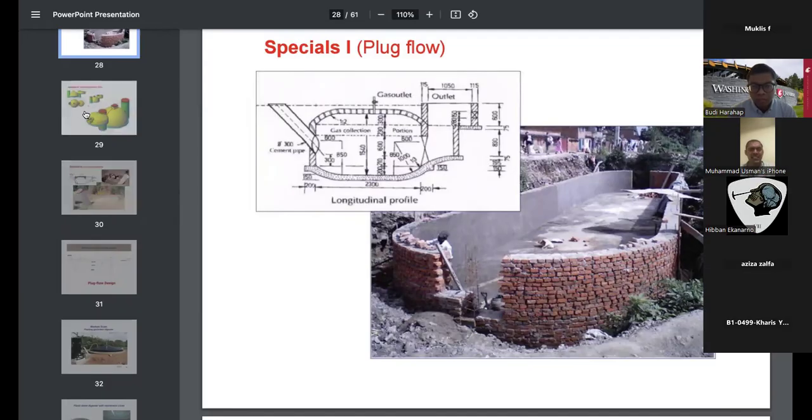Instead of digging the well vertically, we usually make a horizontal well, and upon that horizontal well, we make a dome. You can make the dome, or you can use a membrane. And this type of biogas plant is called plug flow type. And once again, this type of biogas plant is preferred in those areas where the water table is high.